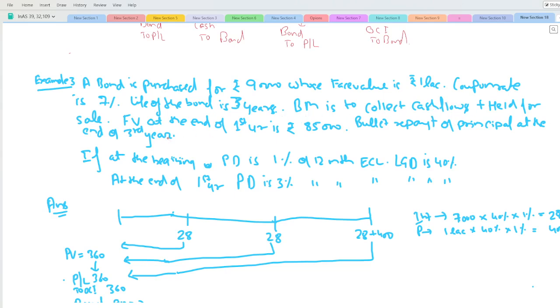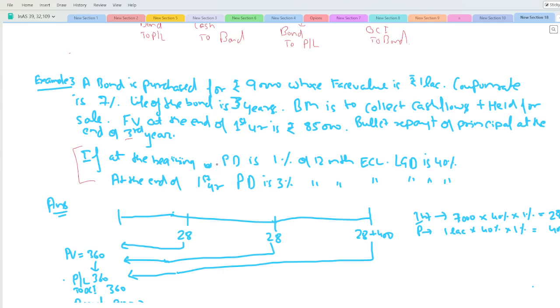Fair value at the end of the first year is 85,000. Bullet repayment of the principal at the end of the third year. Now, this I have added here for the impairment. Normally when you are purchasing it, from the inception you need to create the provision.